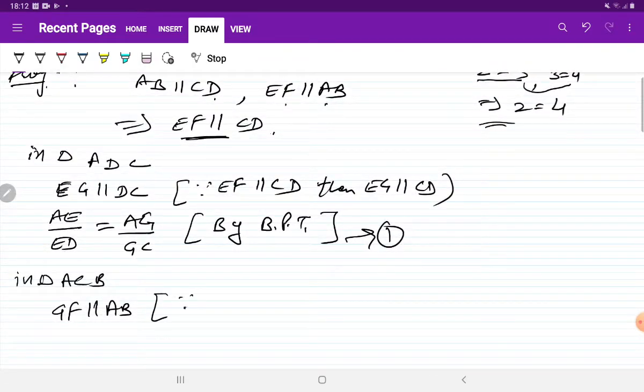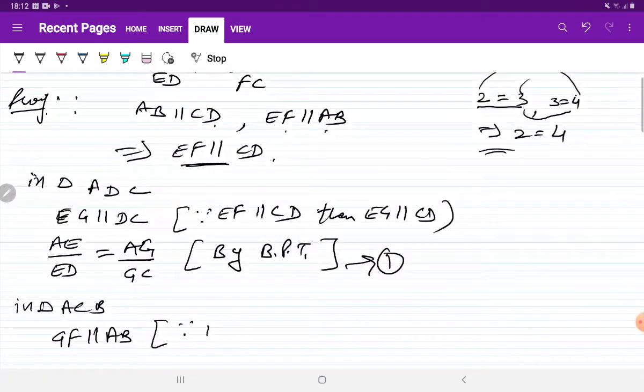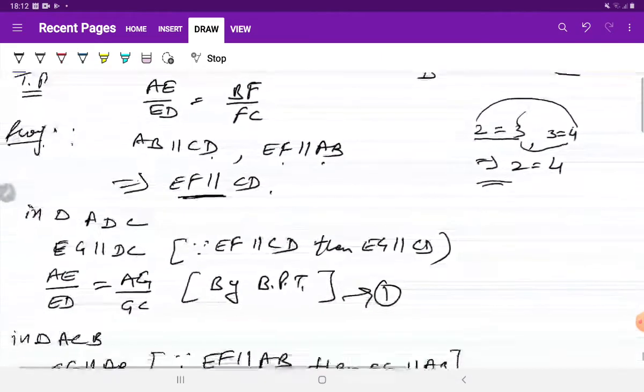Write the reason here: because EF is parallel to AB. If EF is parallel to AB, then GF will also be parallel to AB, because GF is a part of EF.